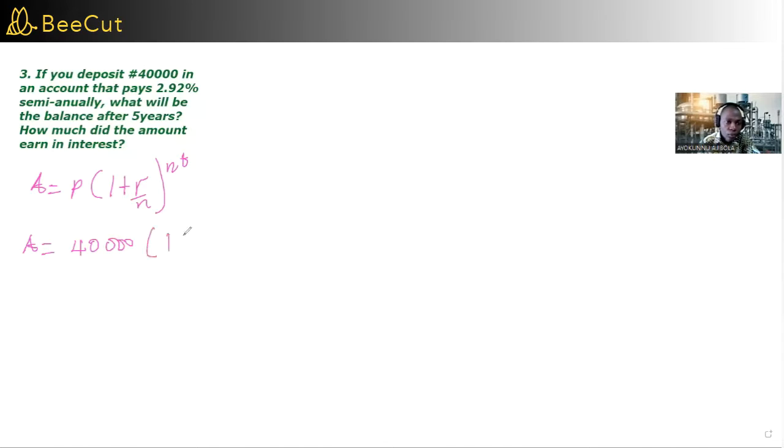into 1 plus the rate, which is 2.92%. Your 2.92% should be divided by 100, so that is 2.92% divided by 100. That's going to give you 0.0292.